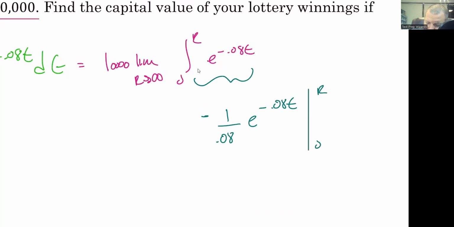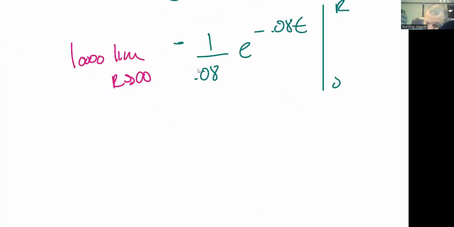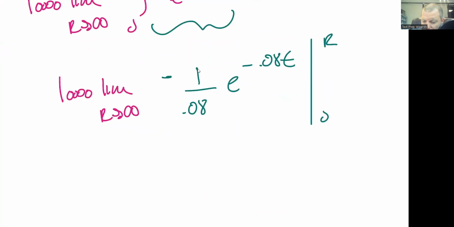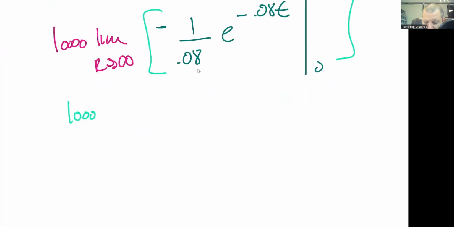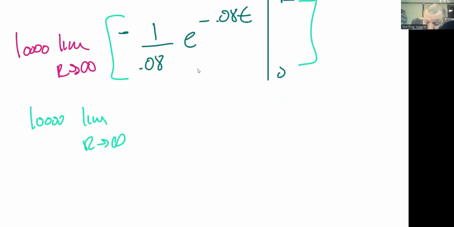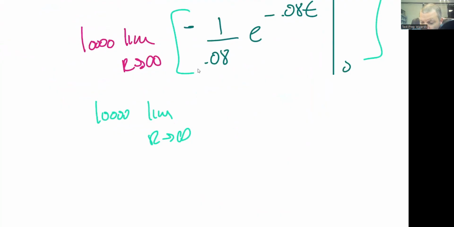We still have this limit, and we still are multiplying everything by 10,000. So let's see what we get here. When I plug in r, I have a 10,000, I have a limit as r approaches infinity, and I'm going to pull that negative 1 over 0.08 out as well.